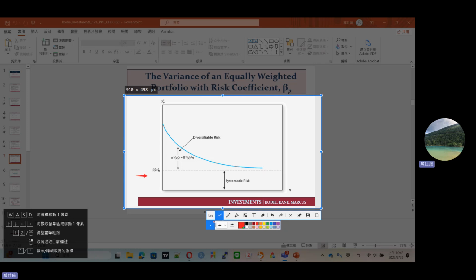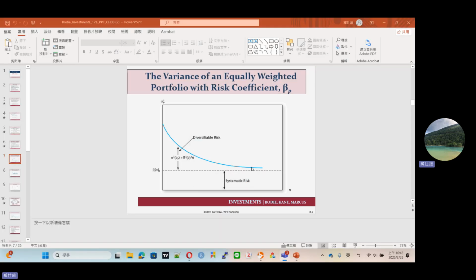Okay, so this part is about systematic risk. In other words, suppose you try to construct a portfolio with the same number of assets as the market index.